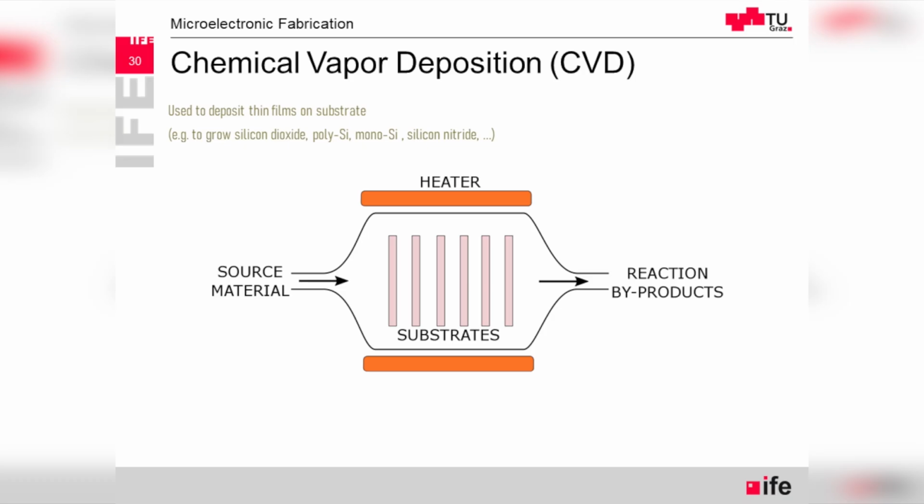For both layers, silicon dioxide growing and polysilicon growing, but also many other layers, the silicon nitride that later comes between metals, also epitaxial layers, chemical vapor deposition is the process that is the king here for producing those nanometer thin film layers.